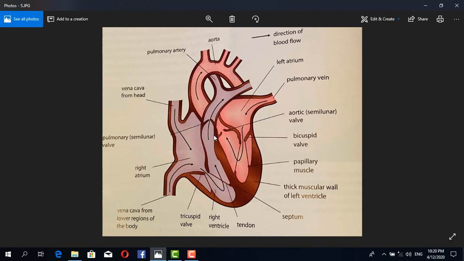And this is the barrier that divides the heart into 2 sides, the left and the right. It's called the septum. Here we've got a semilunar valve, and here we've got a bicuspid valve, called bicuspid because it is attached at only 2 sides. Meanwhile here, the tricuspid has a 3-sided attachment.